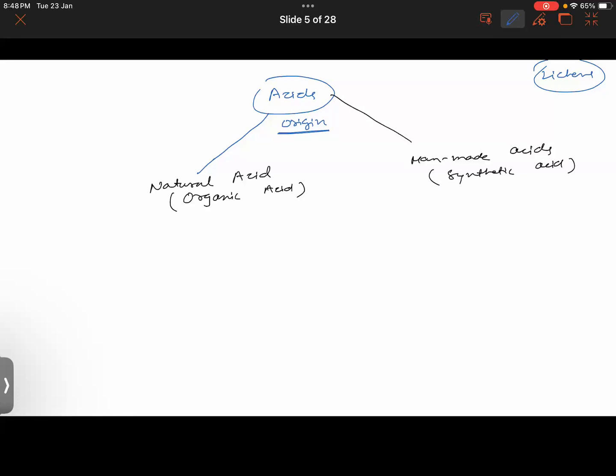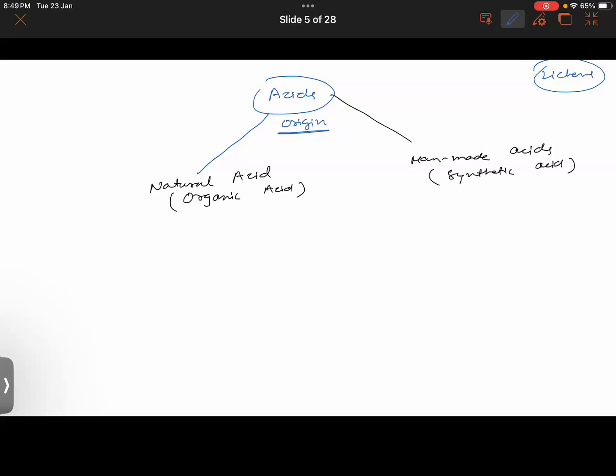Common examples of natural acids are citric acid, formic acid, acetic acid, ascorbic acid, oxalic acid, lactic acid, and tartaric acid. All these are examples of naturally occurring acids.